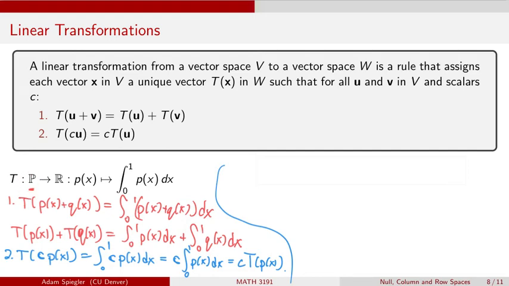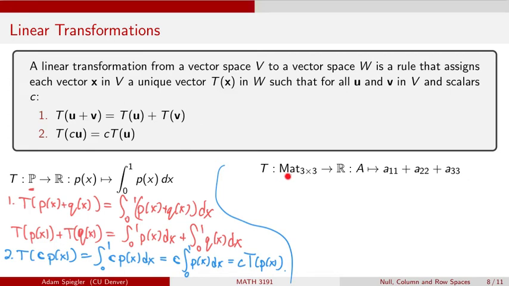Let's take a look at another kind of non-standard example. Now let's look at a linear transformation mapping from the vector space of all 3x3 matrices, where our addition is matrix addition and our scalar multiplication is the usual multiplication of a matrix by a scalar.